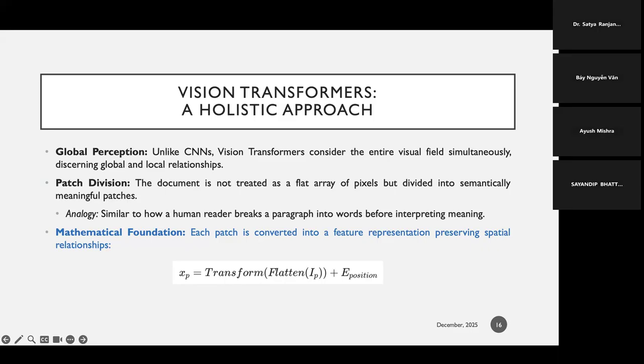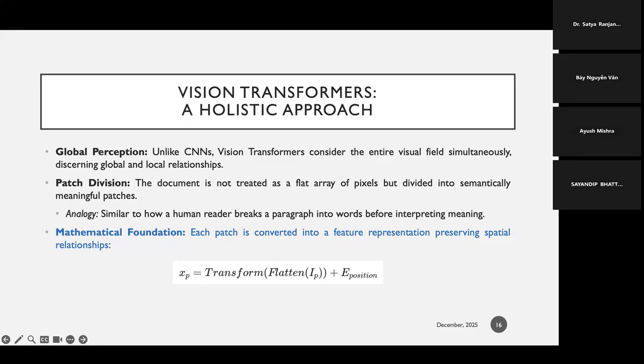Now, you may ask, how does the computer digest an entire page at once? It doesn't treat the document as a giant flat sheet of pixels. Instead, it uses a technique called patch division. Think of it like language. When you read a book, you don't read letter by letter. That would be agonizingly slow. Instead, your brain groups letters into words and words into sentences to derive meaning, right?